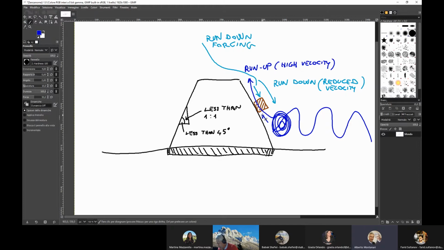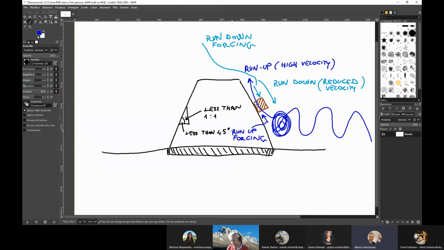You have also, of course, a run up forcing. As I said, the run up is with a higher velocity. The run down is with reduced velocity, but when you have the run down, you have the self weight of the particle, which is a destabilizing force, while in the run up, the self weight is a stabilizing force.